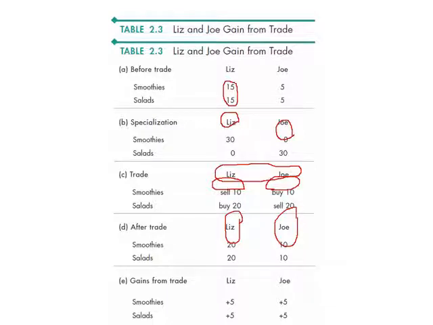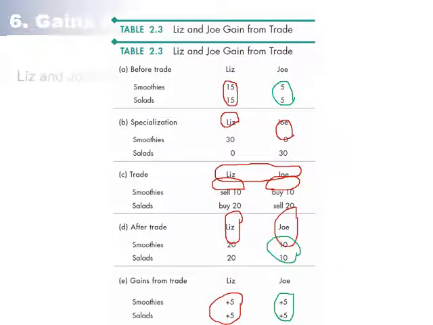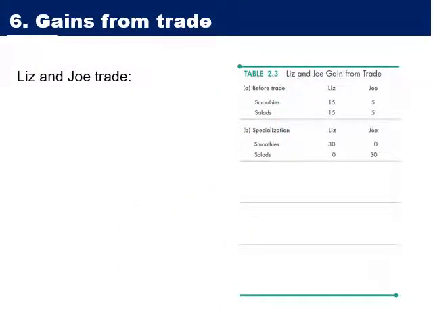So this means that she gains 5 units of each commodity, as we can see here. Concerning Joe, before trade, he has only 5 units of each commodity, but now he has 10 of each commodity, which means that his gain from trade is 5 units more of each commodity. Now, this slide and the next one summarize the gains from trade as I have just explained.